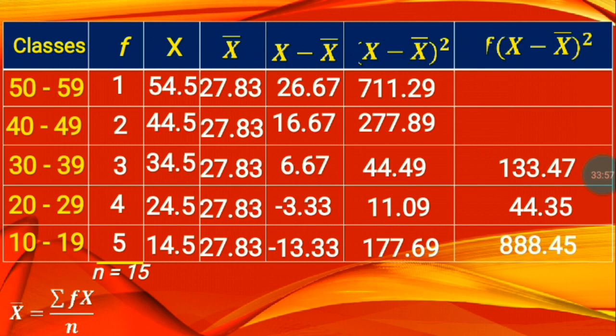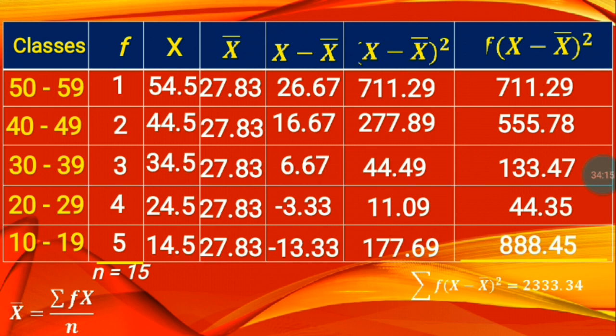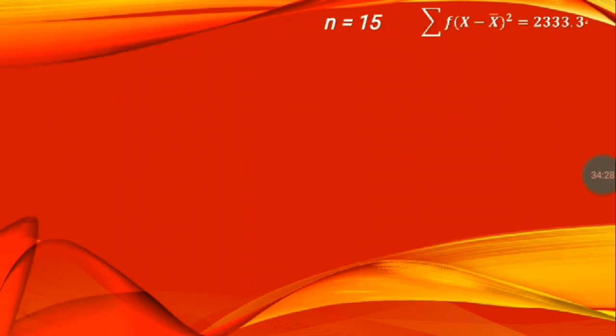We have 555.78. Then lastly, we have 1 times 711.29. We have 711.29. And then we are going to get the summation of the last column. The summation of f times the quantity of x minus the sample mean squared is equal to 2,333.34.